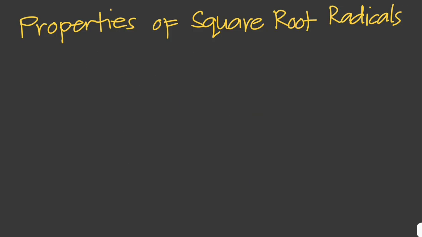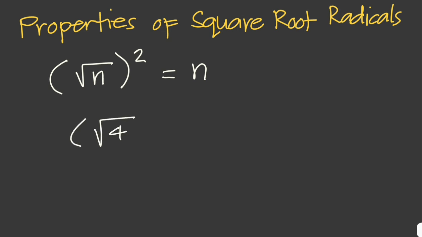Now the next property: the square of a square root radical is the radicand. Say we're given the square root of n, squared. The square root of n raised to the power of 2 is just equal to n. Say for example, we're given the square root of 4, squared.